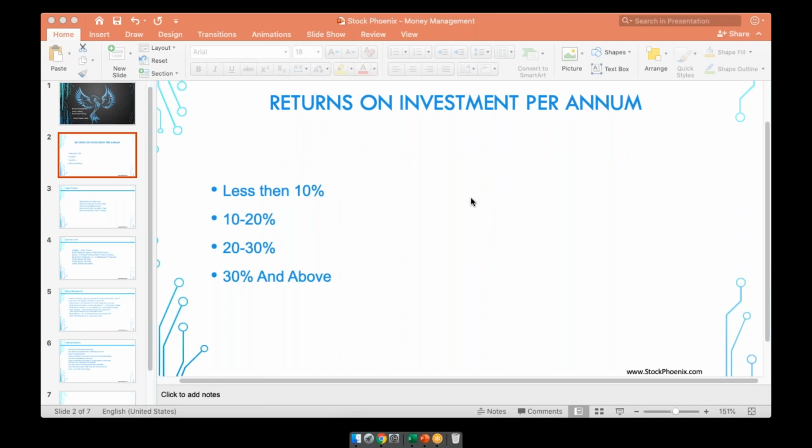Let's speak about per month. Assume that everyone has 1 lakh rupees in your trading account. So what percentage of profit are you expecting? 5 to 10%, 15 to 20%, or I am very happy with 5%.